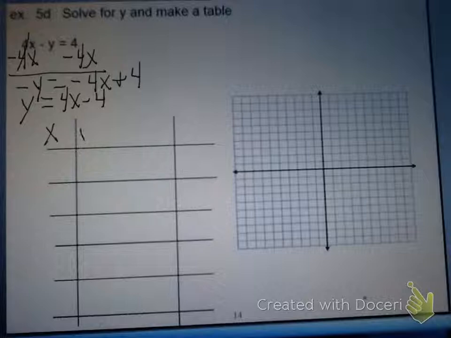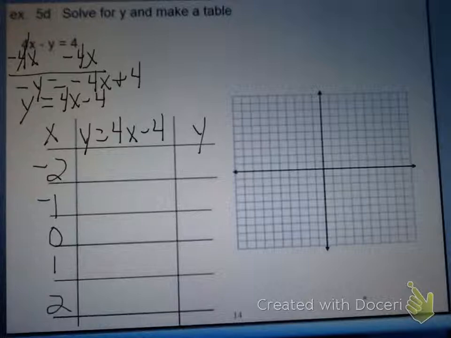So I'm ready to make my table. Make my column. Again, I'm going to use negative 2, negative 1, 0, 1, and 2 in my works area. 4 times negative 2 is a negative 8 and a negative 4.